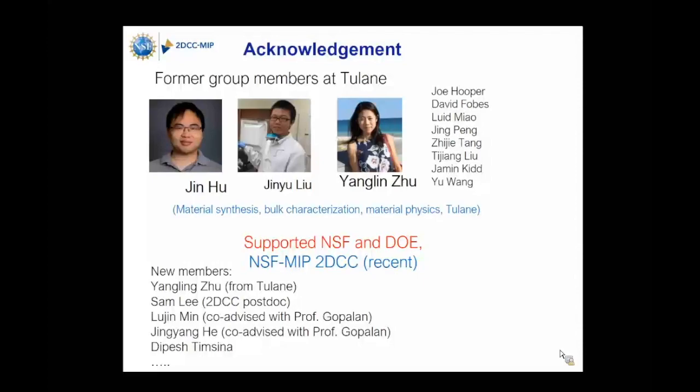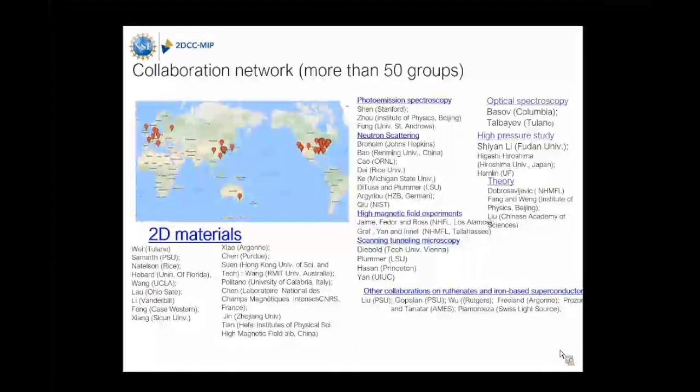The work I have been doing is supported by NSF and DOE. Recently, I got some support from 2DCC-MIP. Given that we have the capability of growing a wide range of quantum materials, we have the opportunity to collaborate with many other research groups, as shown in this map, and I list their names and acknowledge the opportunity of collaborating with them.